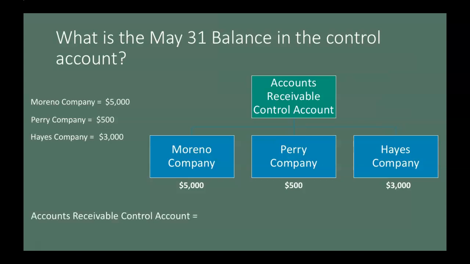So your accounts receivable control account will be the sum of all of your subsidiary ledgers. So if we add up 5,000, 500, and 3,000, we find that the May 31st balance in our control account is $8,500.